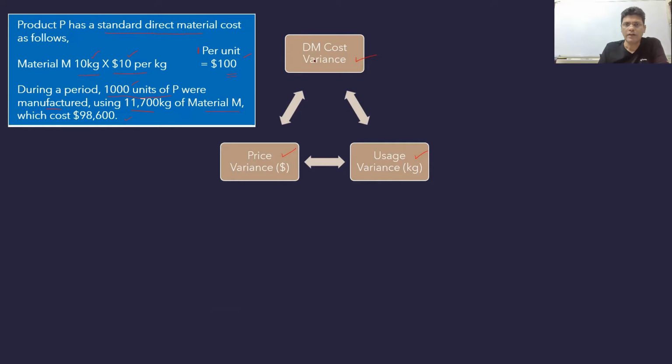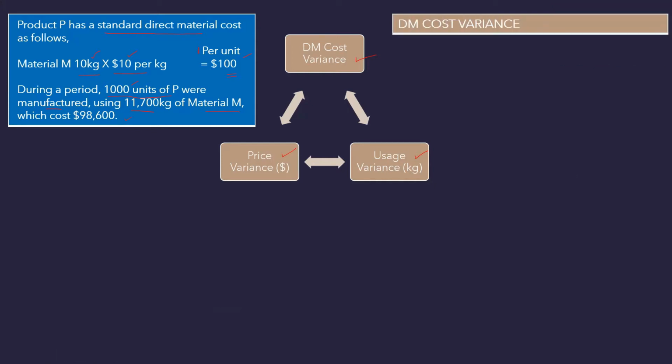So this is what we need to identify. So the direct material cost variance, basically, how do you calculate? It means you just compare the actual cost incurred, 98,600 on this 1000 units, with the budget.